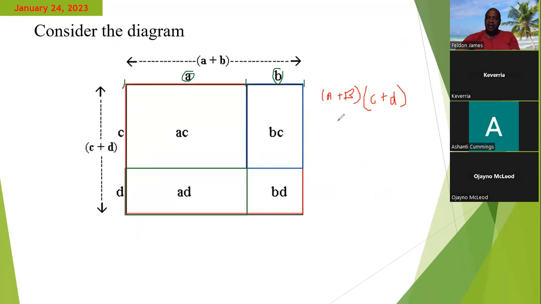So if you're going to apply the distributive law, you're going to take each term in the first bracket and distribute them one at a time. So in other words, you're going to take the A first and use it to distribute in the bracket. So you go A times C, you get AC.